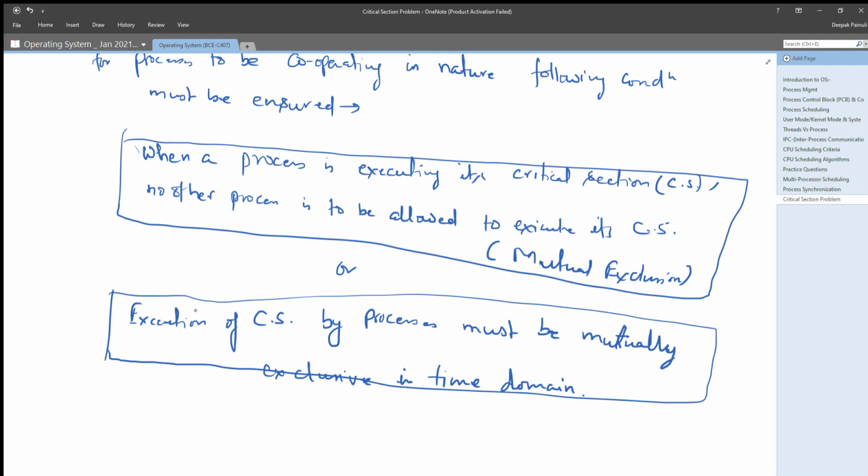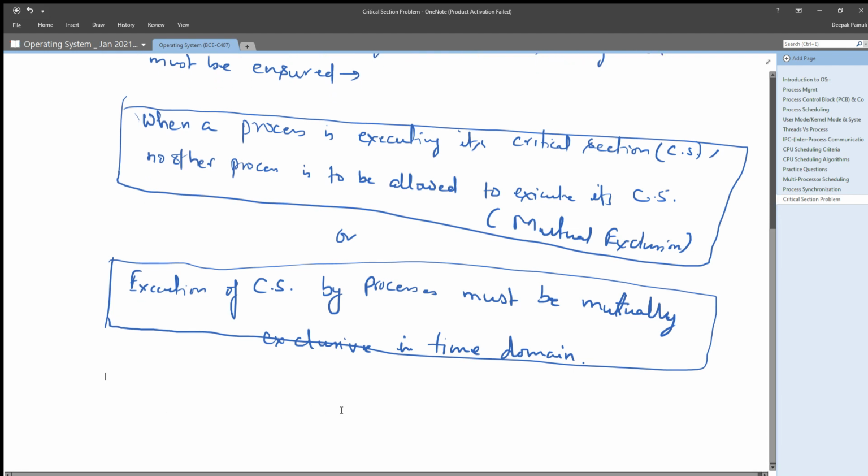But to be on the safe side, for ensuring mutual exclusion, whatever the critical section is, there should be a condition that only one process is allowed to execute its critical section at a single moment, right? So for ensuring this, the steps followed are like that.